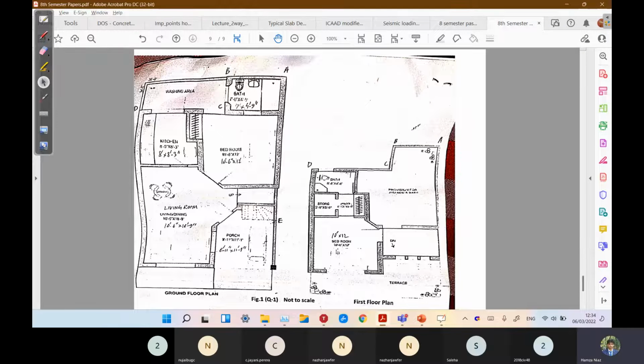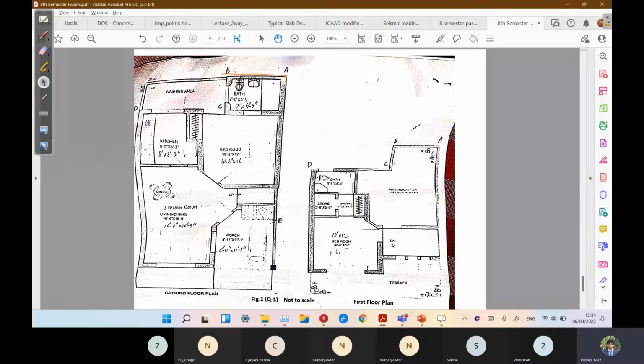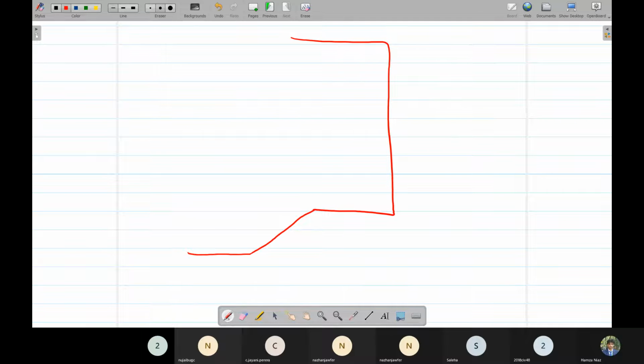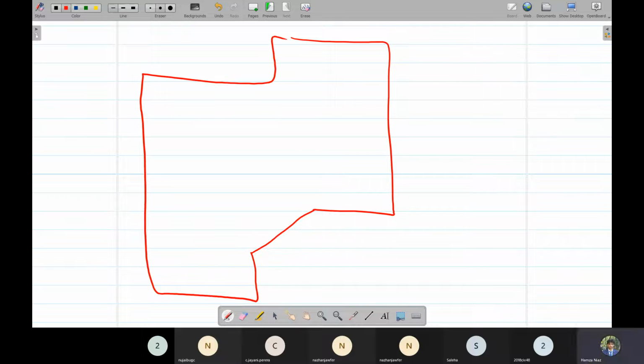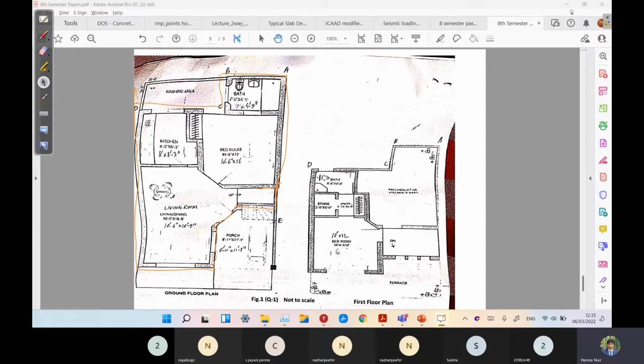For the structural scheme, we have to first draw its outline. The outline is almost like this. So first we have drawn the outline.